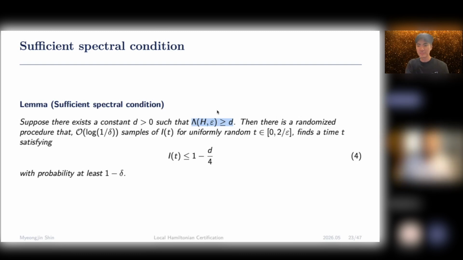Any questions? Sorry, I have a basic question. How do you prove this? If you can give some intuition. From what I understand, you do a time averaging of the Hamiltonian evolution, right? 1 over t, integral from 0 to t, e to the minus i delta h, and then you diagonalize e to the minus i delta h, and then write it in terms of the inverse of the eigenvalue gaps, right? So what else do you do? This is how I would approach it.